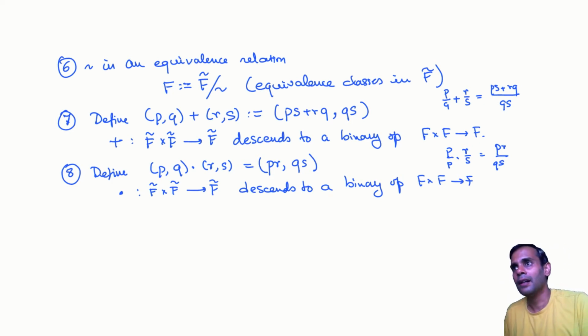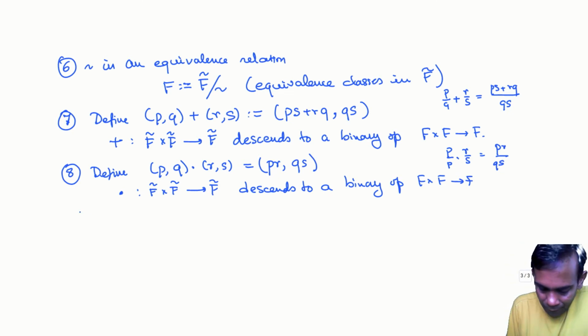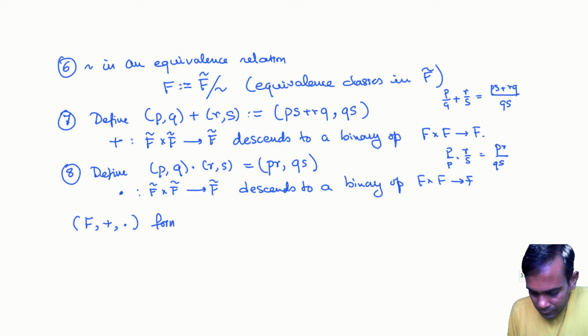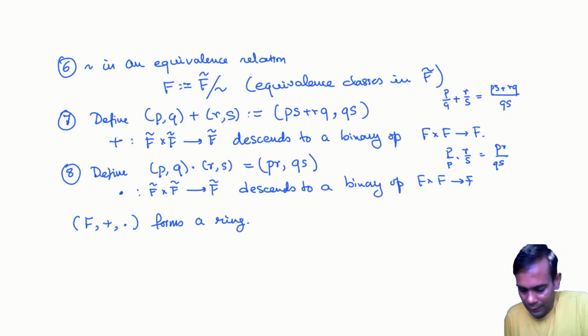This gets two operations, addition and multiplication. And then you can check that with these definitions, F with plus and dot forms a ring. So you need to check all the ring axioms, and again many things need to be checked, but none of them are really difficult. It forms a commutative ring, in fact.